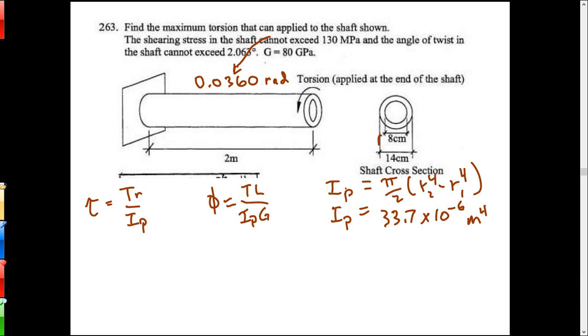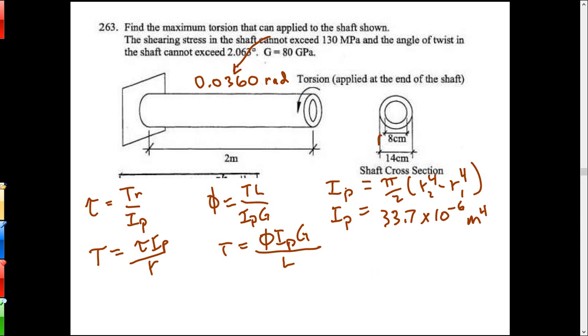On these particular ones, you just rearrange them. So you're going to have the torsion is what? The shear times I over the radius. And then the torsion is the angle times I times G over the length. Okay. So you just work them like that, and then you can solve for the two torsions.